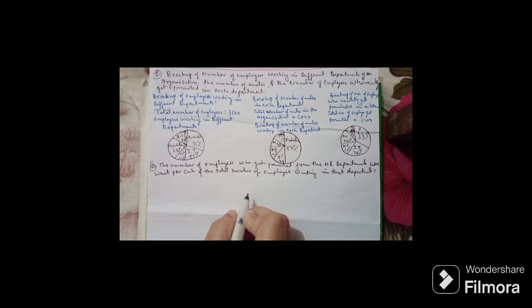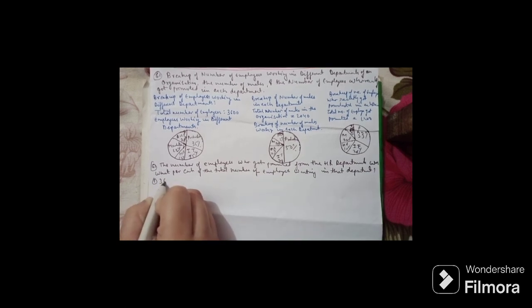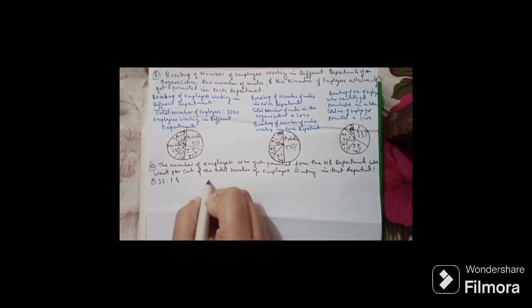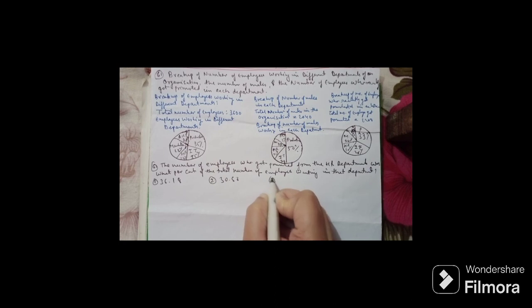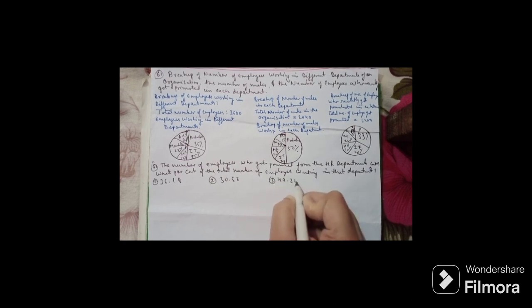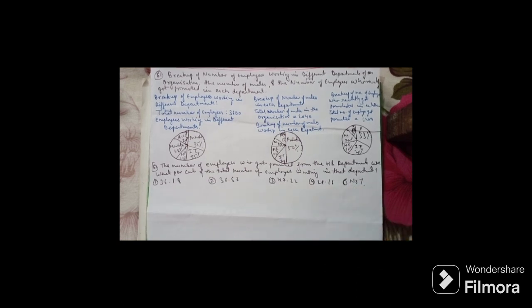You have to round off to 2 decimal places. The first is 36.18, 30.56, 47.22, 28.16, and the fifth is none of these. So we'll go for it.